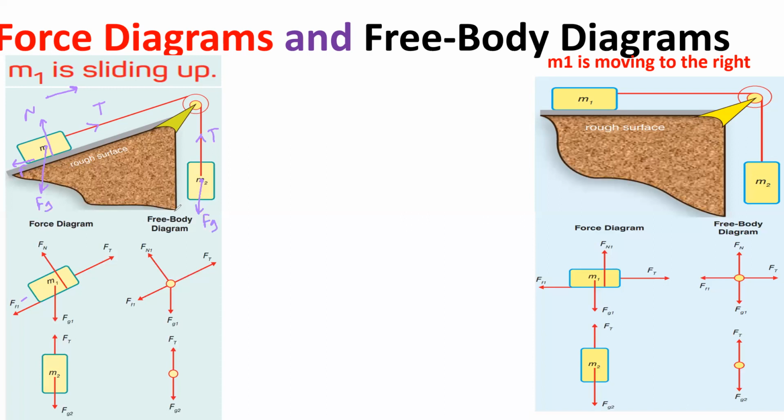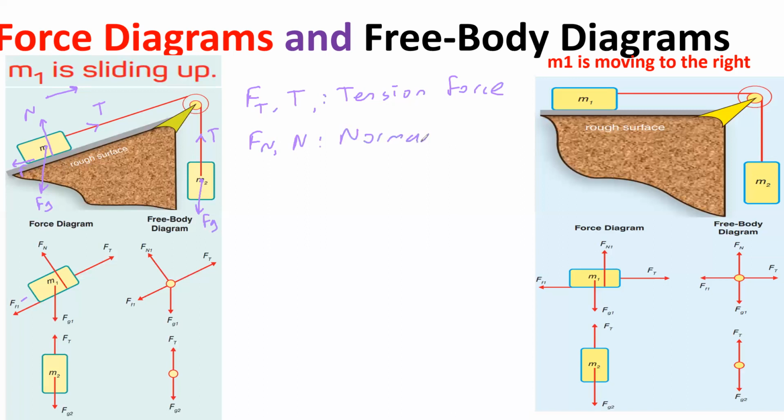So if you do this, are you getting full marks? No. Why? Because we should write all names of the forces. F tension, or you can say tension, just T is fine. You can write any of these. What do we have? Tension force. And what else do we have? Fn, or just N, normal force.